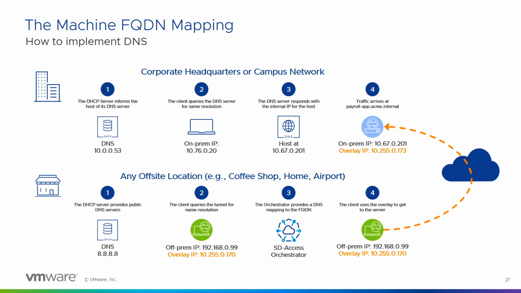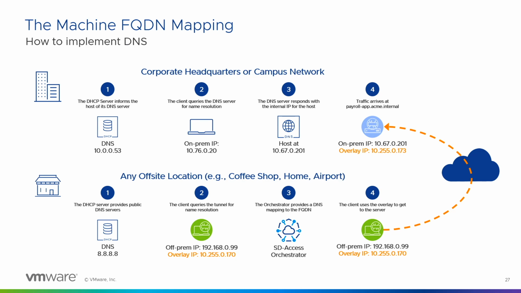Now, when you close your laptop, you leave for the day, you're back home, you fire it back up, you're not going to be on the corporate network. So what's going to happen is you're more likely going to get a public DNS server, whether it's Google DNS or your carrier, whatever they hand you from an ISP perspective. You're going to be on a totally different network.